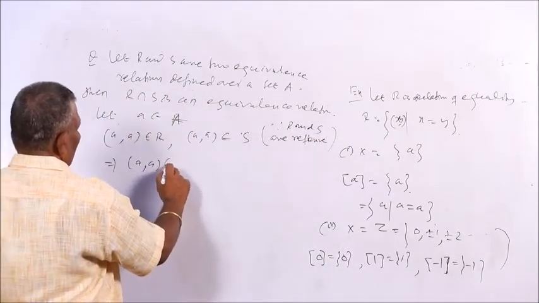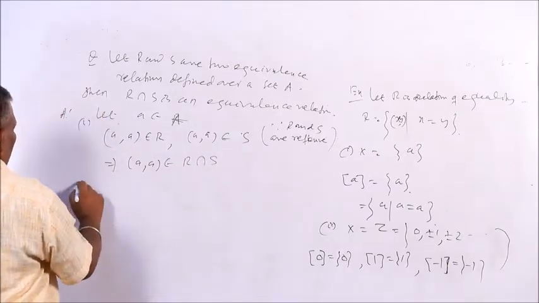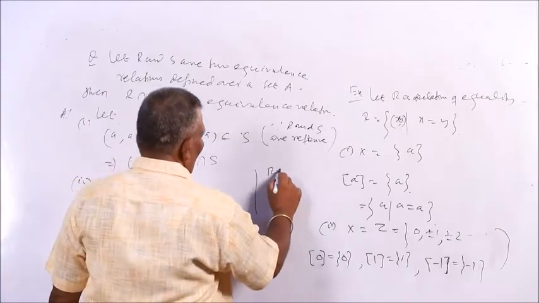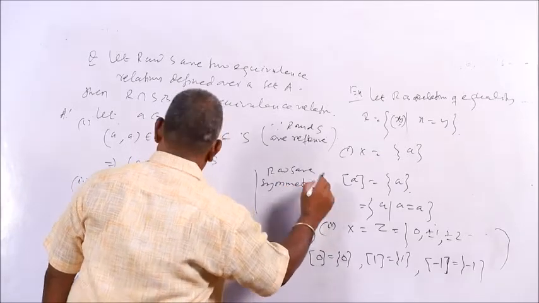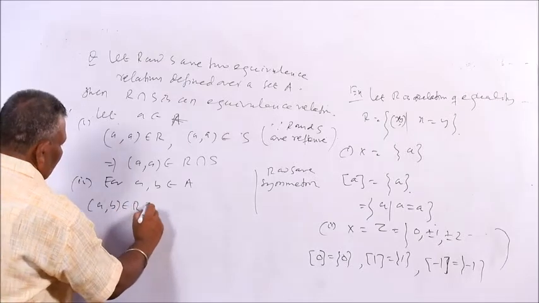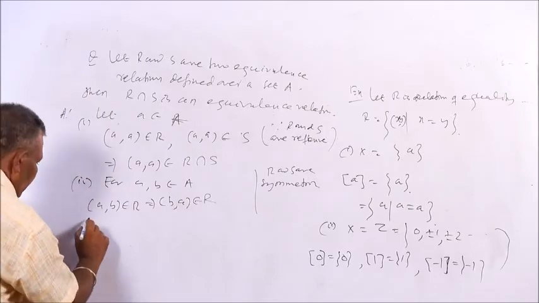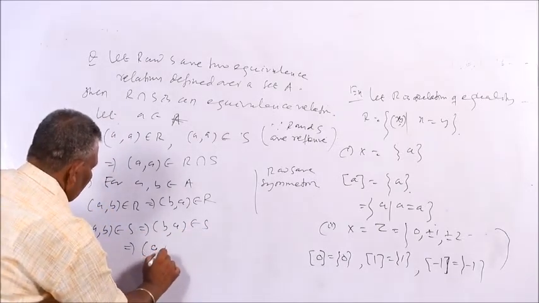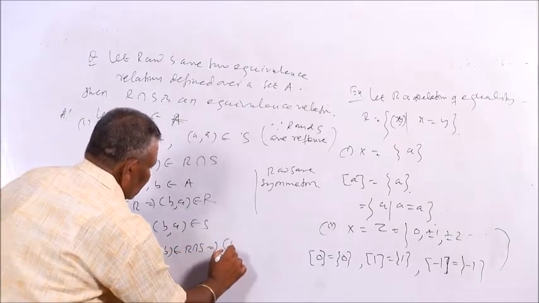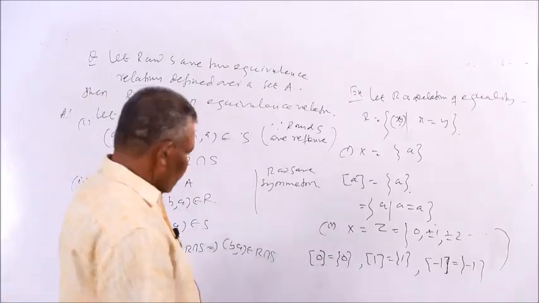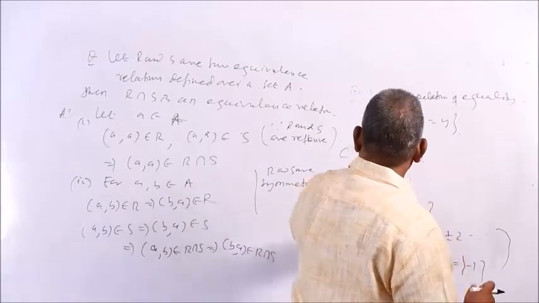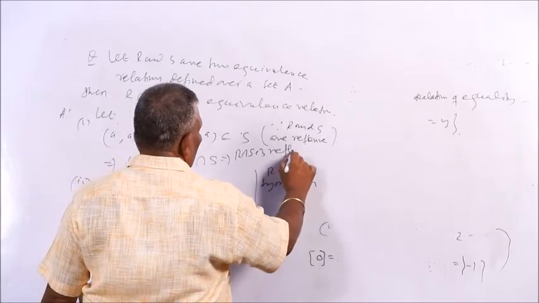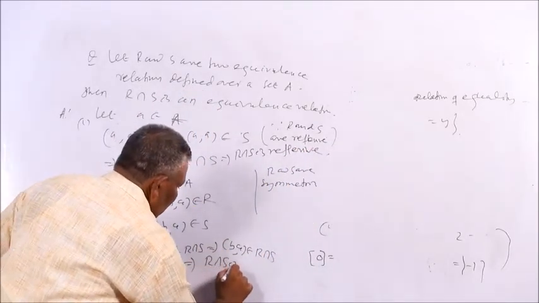That implies (a, a) belongs to R intersection S. Similarly, for (a, b) belonging to A, R and S are also symmetric. (a, b) belongs to R implies (b, a) belongs to R, due to the symmetric property. (a, b) belongs to S implies (b, a) belongs to S. That implies (a, b) belongs to R intersection S implies (b, a) belongs to R intersection S. Therefore, from the first case, R intersection S is reflexive, and here R intersection S is symmetric.